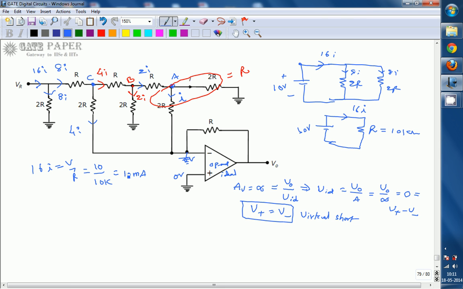It is not 10, it is only 1 milliampere. 10 by 10 kilo ohm is nothing but 1 milliampere. So I is equal to 1 by 16 milliamperes, which is nothing but, the answer is 62.5 microamperes. So the required value of I in 2R is nothing but 62.5 microamperes.